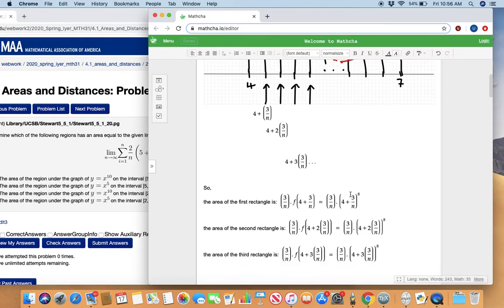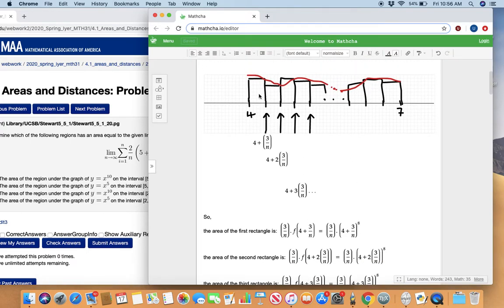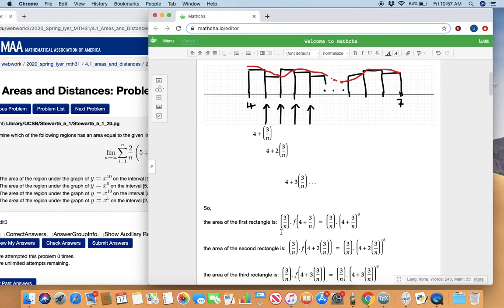What is the area of each rectangle? It is width times height. Width is 3 over n, and height is the value of f at this number, 4 plus 3 over n. This is my first rectangle.